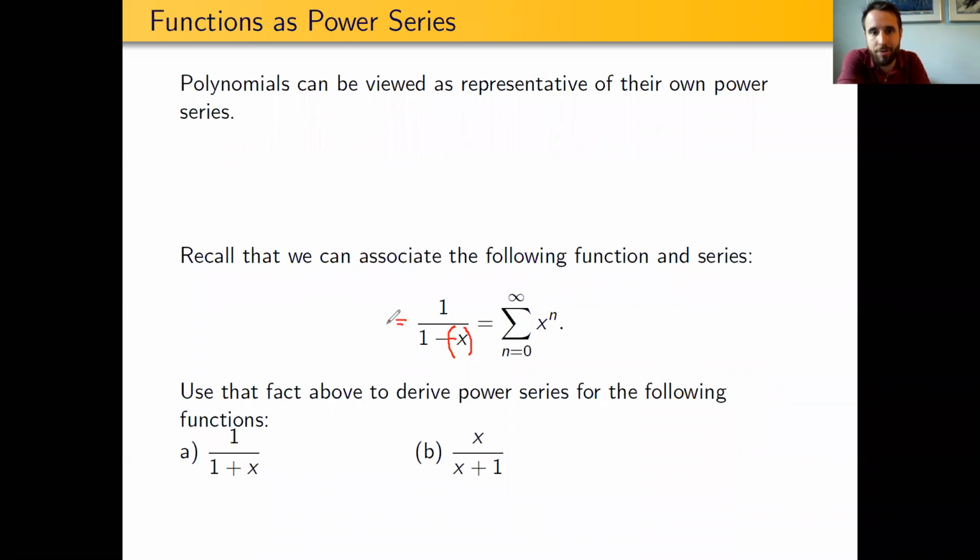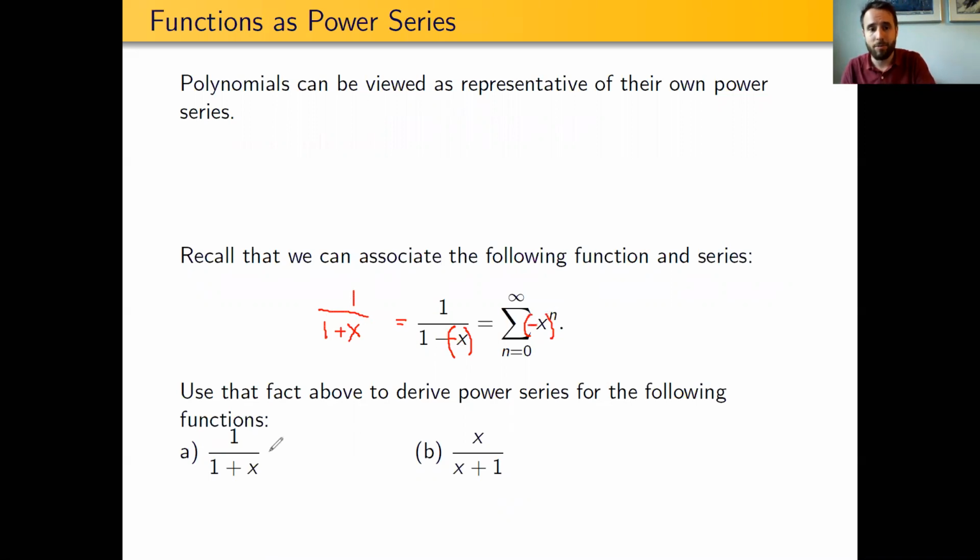So by introducing a negative x instead of an x, I will end up with 1 over 1 plus x. But to do that, I need to replace my x in my series with a negative x. And so I get this new expression of negative x quantity raised to the n.